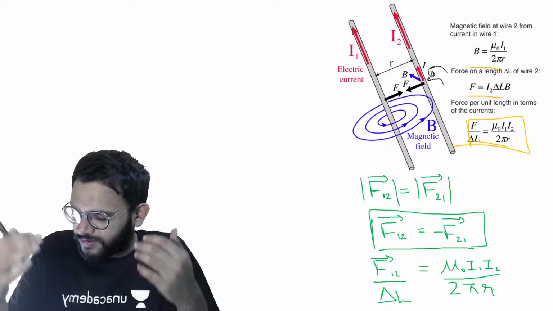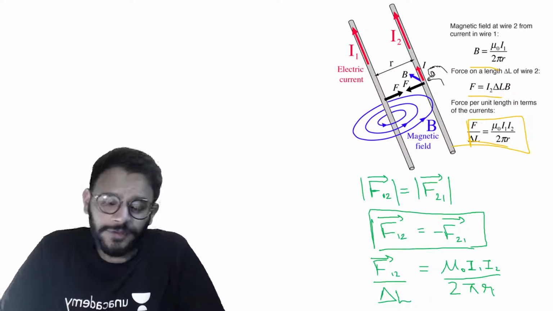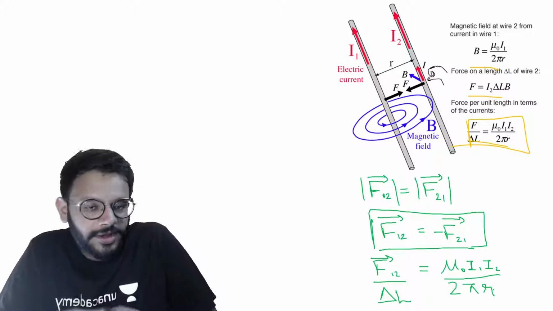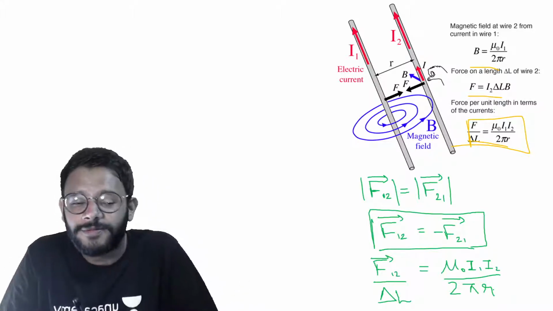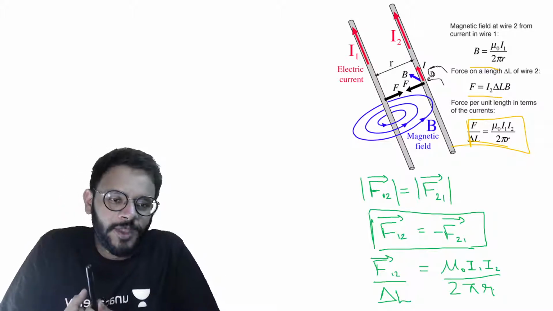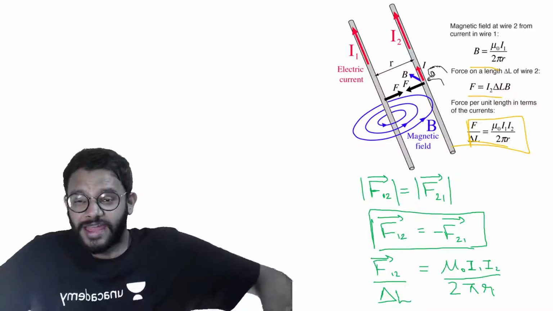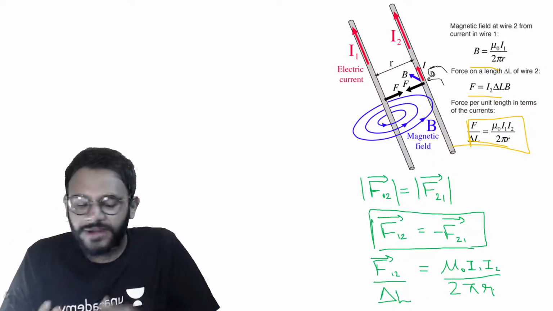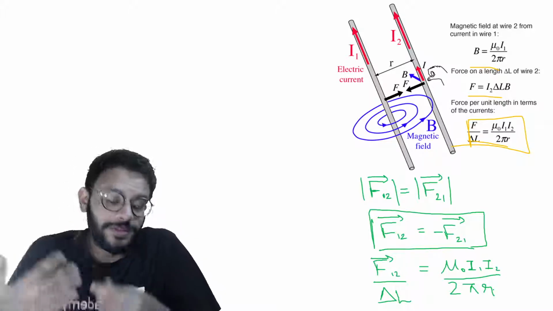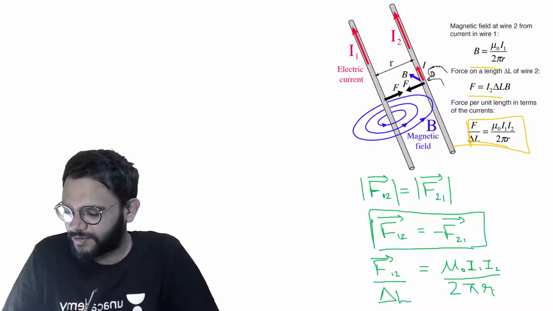I1 and I2 are the currents which they are carrying. So the force acting per unit length because of the current carrying wires is mu naught I1 I2 upon 2 pi r, which is pretty easy to understand, as it depends on the currents through both the wires and also on the distance between the wires, as the magnetic field depends on the distance. This is pretty self-explanatory.